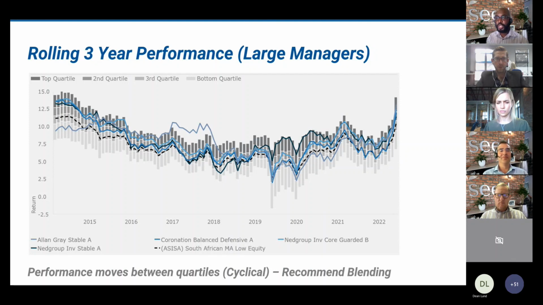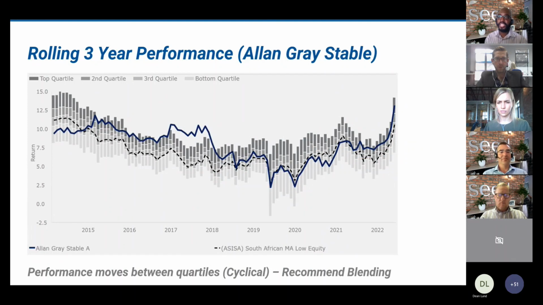So if I just zoom into one of the funds, the Allan Gray Stable Fund, you can see that this fund, like we discussed earlier, has had an exceptional 3-year performance. Last year, it's currently probably one of the top performers within this category. But if you also look at the long-term history, you can see the cycles that it goes through.